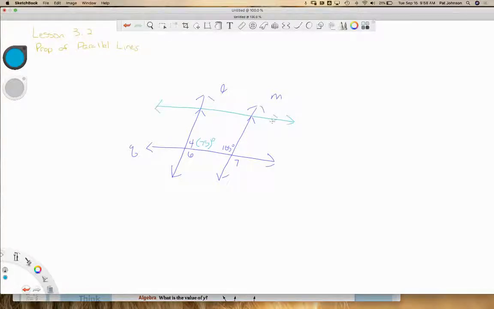So P is parallel to Q, and 3 is right here. Remember, I can only have the 8 angles formed by one transversal and 2 parallel lines. So I have to break them up to do that.